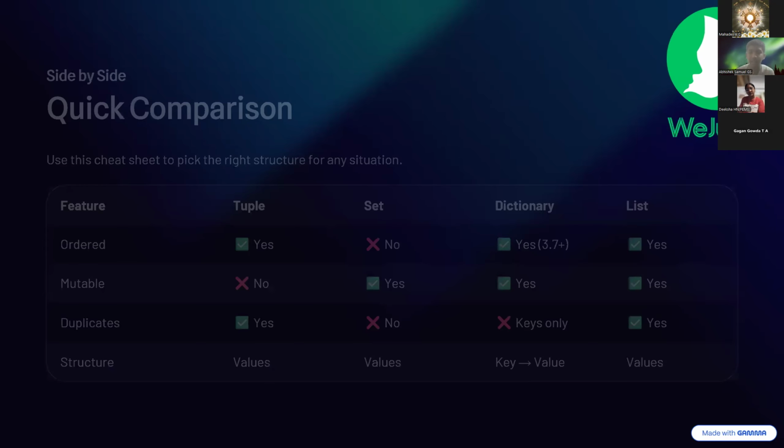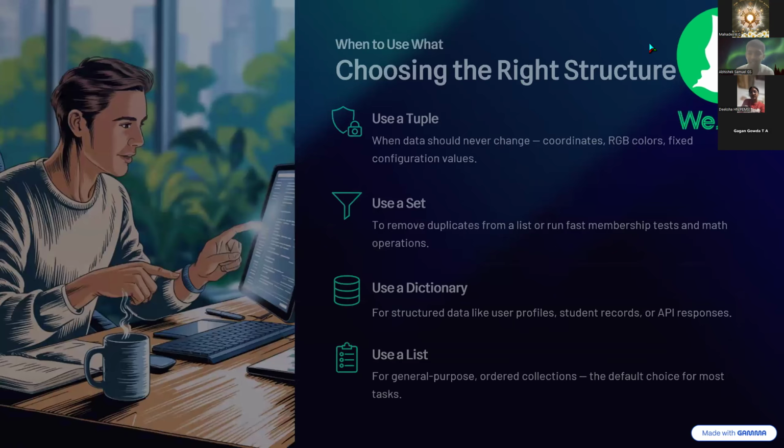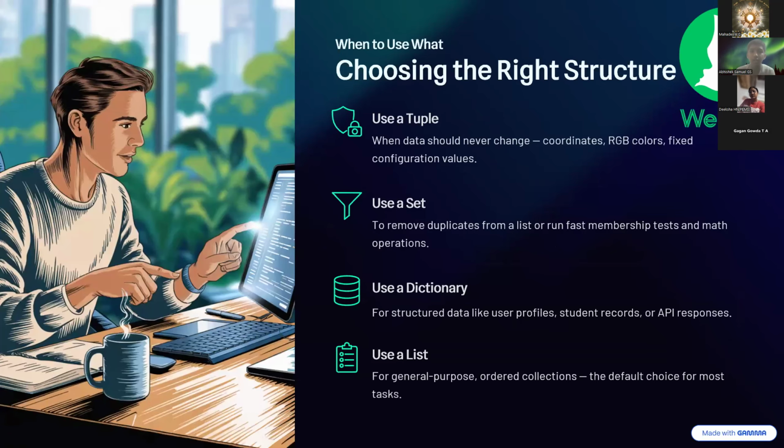Next, when building something using these data structures, you should know the right way to build. First, choose the right data structure. Tuples are useful when the data should never change, such as RGB colors, coordinates, and fixed configuration values.